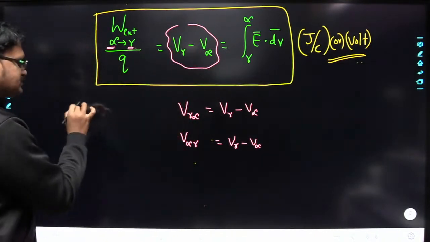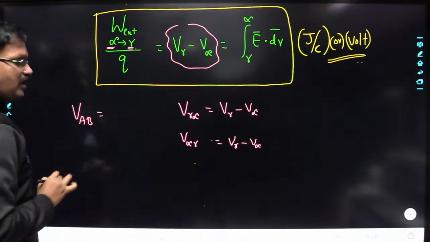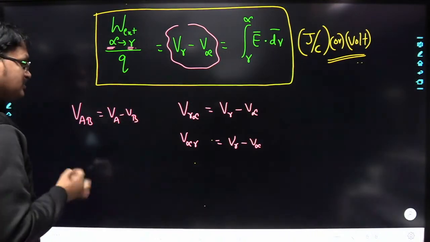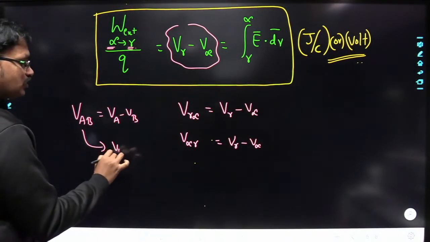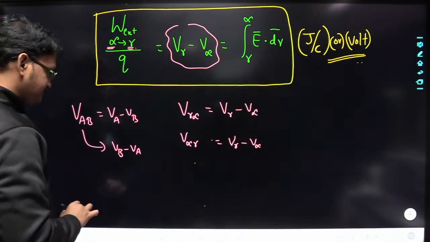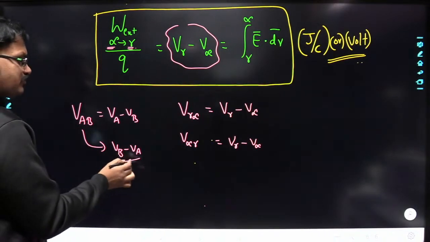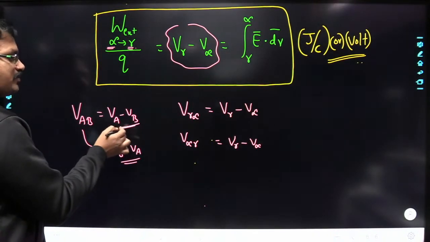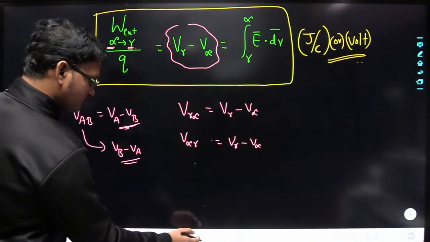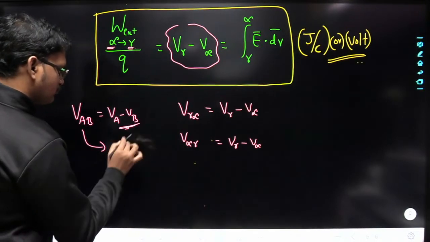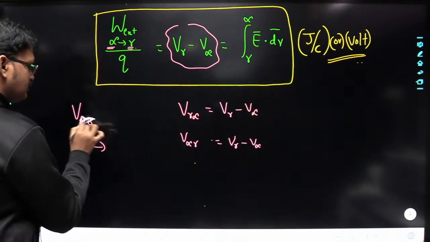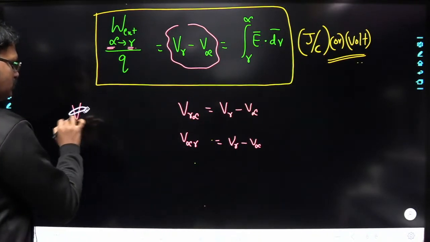It is just like VAB. In some books they will represent this as VA minus VB, and in some books the same thing as VB minus VA. That is their convention, and you can follow any convention.